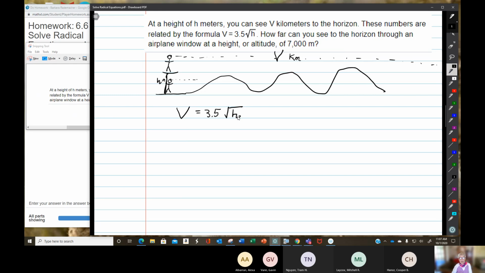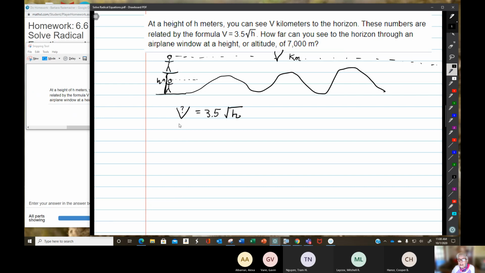Okay, so that's the distance in meters to the horizon. No, that's the height in meters above the Earth. Then you can see v kilometers to the horizon. How far can you see to the horizon? That's v. What is v?